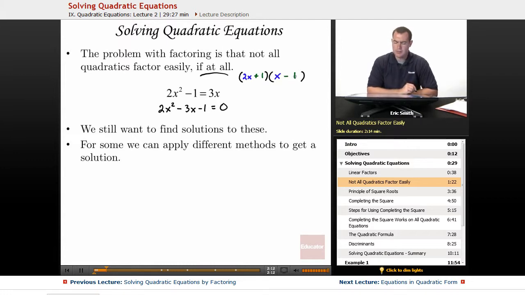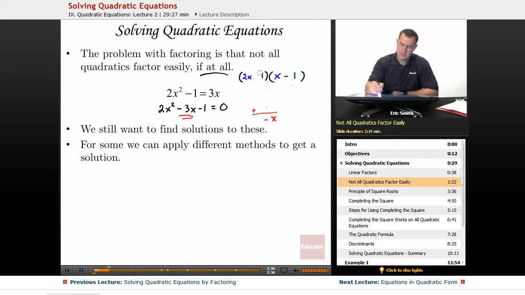Now, the problem with this is if you go through and you check your outside and inside terms, here's what you get. A negative 2x and a positive 1x, which those combine and give you a negative x. That's not the same as our middle term, so we know that that factorization is not correct. Well, you might be saying to yourself, well, maybe we just made a small error.